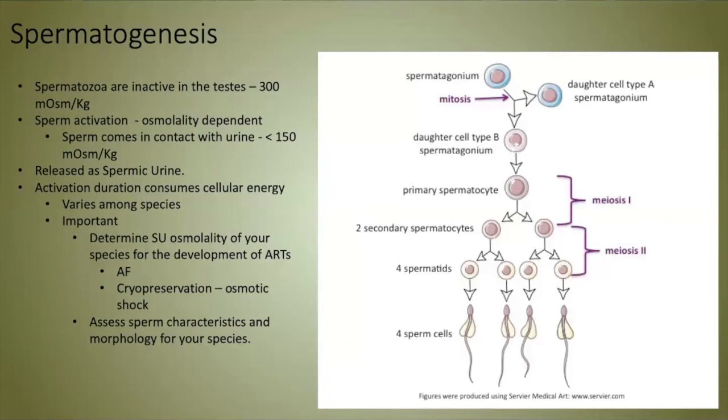And it's important for the development of ARTs, especially for artificial fertilization or cryopreservation protocols, because you don't want to freeze sperm that's already dead, that has already consumed all the energy, or create osmotic shock on your sample and kill all your cells. So previous studies on the characterization of the sperm of your species need to be done before proceeding with the development of ARTs.